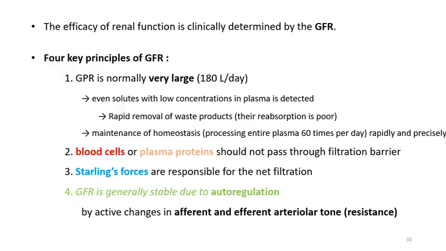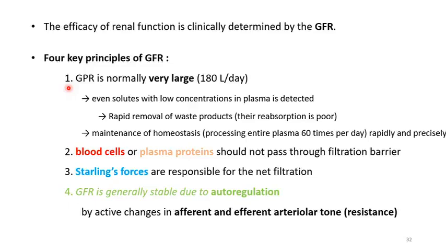The efficacy of renal function is clinically determined by the GFR. Let's consider 4 key principles of GFR. The first principle states that GFR is normally very large. We calculated the daily GFR level.